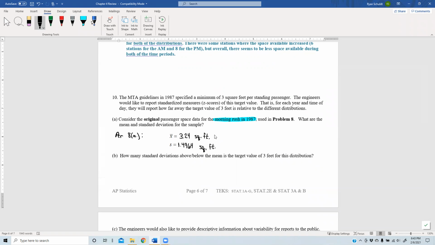Okay, we got that from 8A. And again, this is per standing passenger.